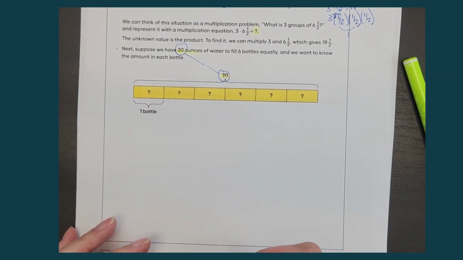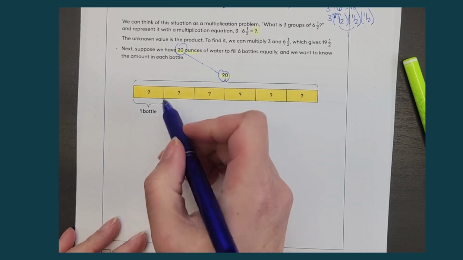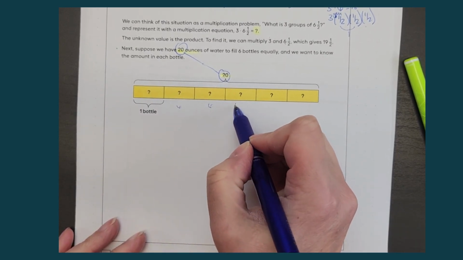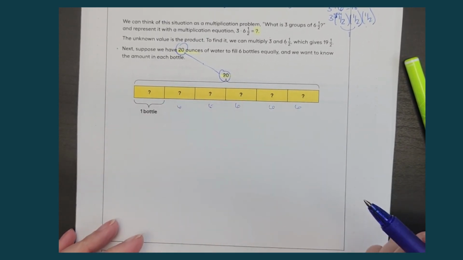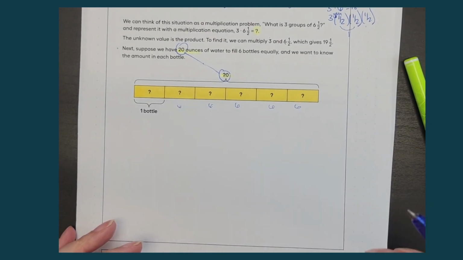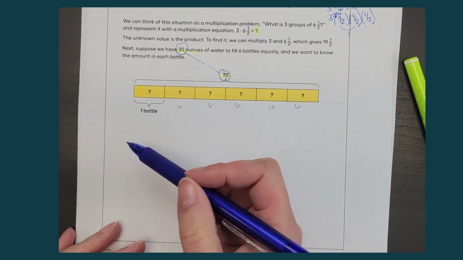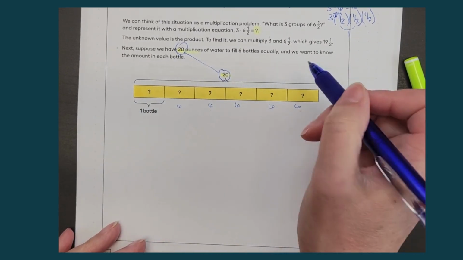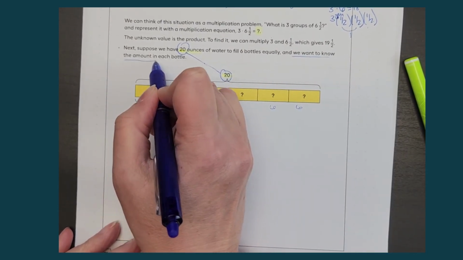And I want to fill those bottles equally. So I have 6 bottles here. And I want to know how much is in each bottle. Okay, so we want to know how much is in each bottle.